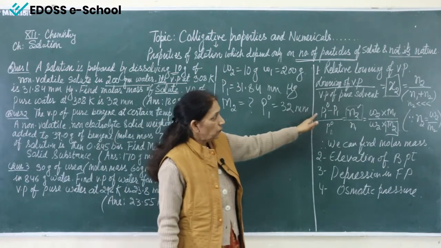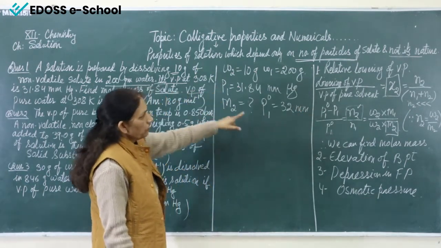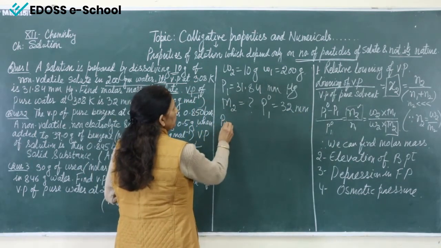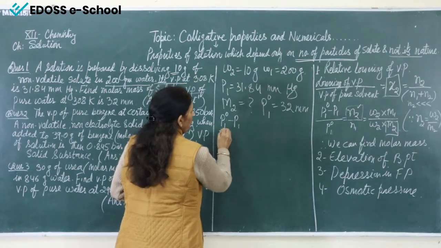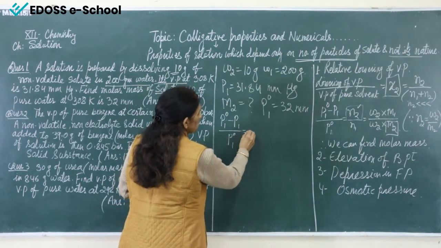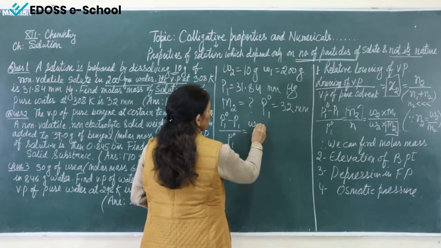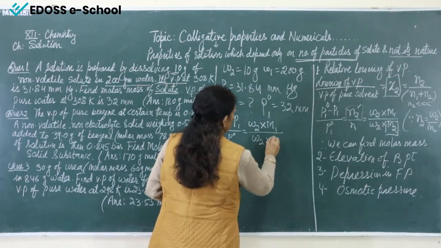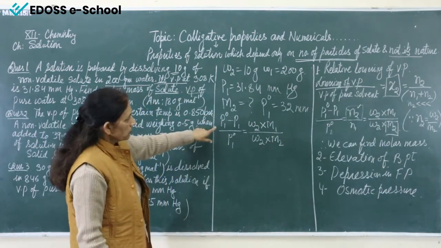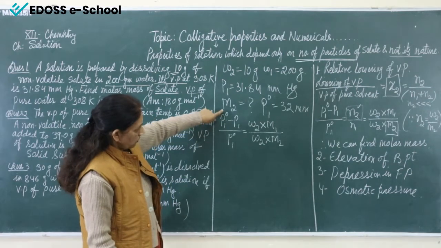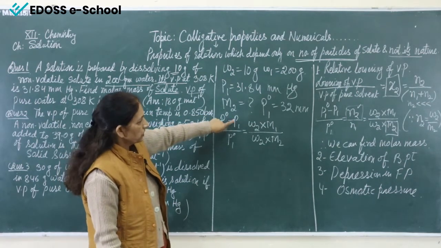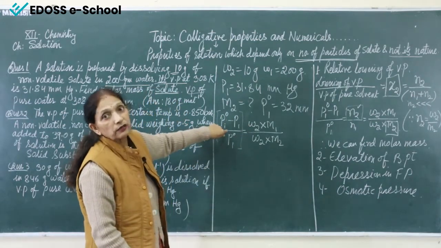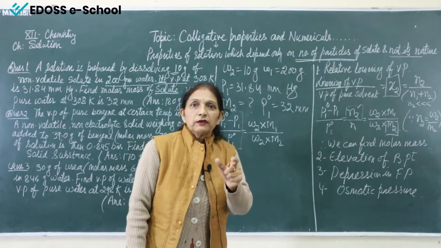With the help of this formula, first of all, we will write the formula as it is. P1 naught minus P1 upon P1 naught is equal to W2 into M1 upon W1 into M2. Because we know P1 naught, pure solvent, and solution pressure, first of all we have to put the values here and calculate it, so we will get one complete number.